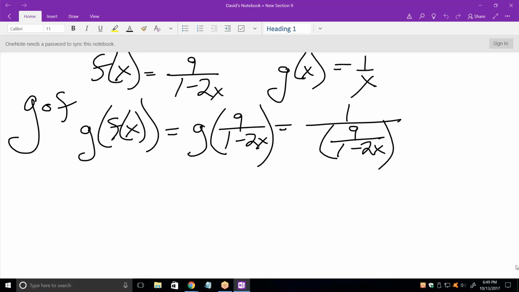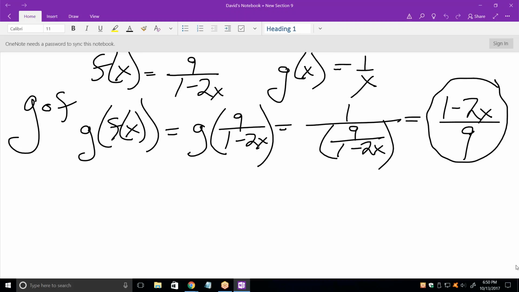When you are dividing by a fraction, even if there's a variable in it, you flip the denominator and multiply. So this turns out to be 1 minus 2x over 9. However, it's not quite that simple. Because if that's my answer, there's no domain restrictions on that answer. None. x could be anything.